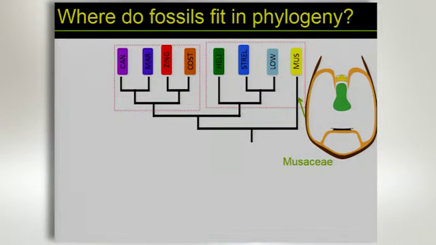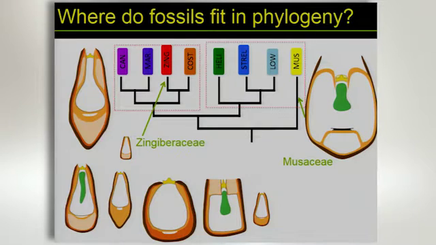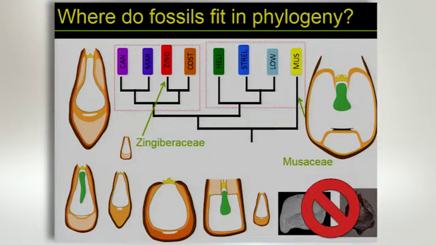So where do the fossils fit? Ensete oregonensis is definitely Musaceae. All of the other seeds all seem to come up into Zingiberaceae, except for the Alpinias, which are not actually Alpinias. So it's kind of weird then that a lot of these fossils are Zingiberaceae, right?